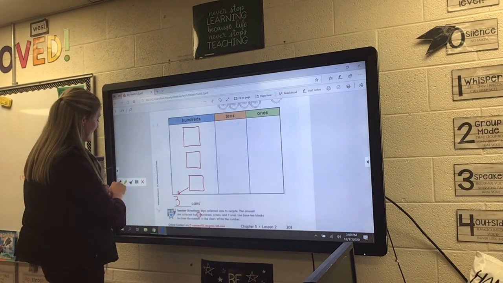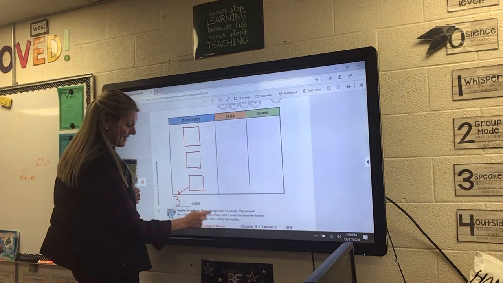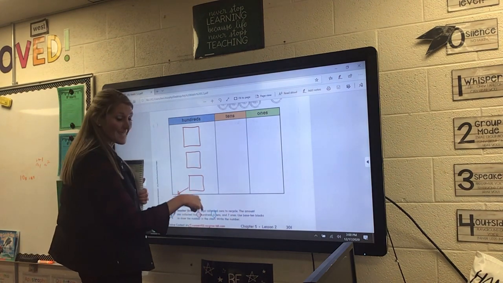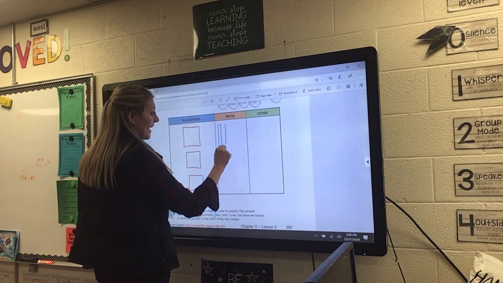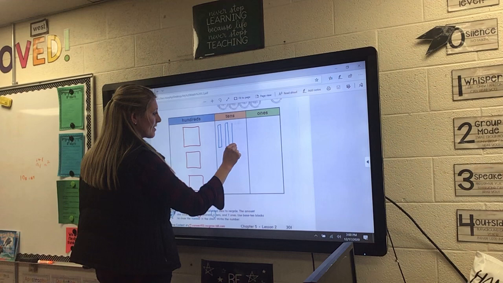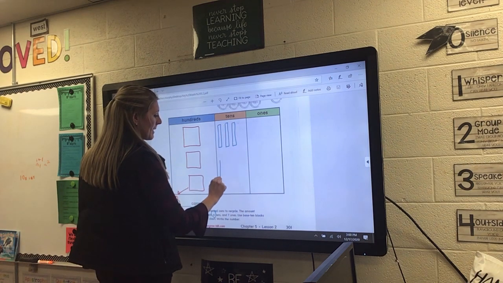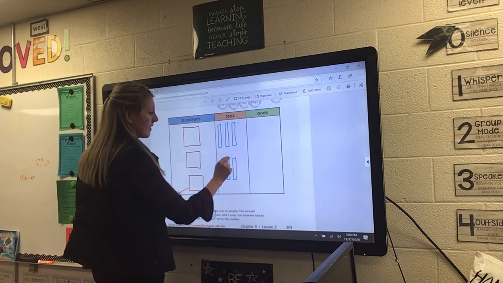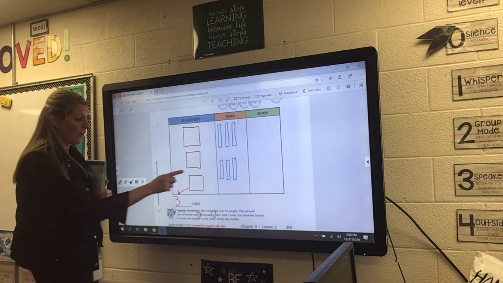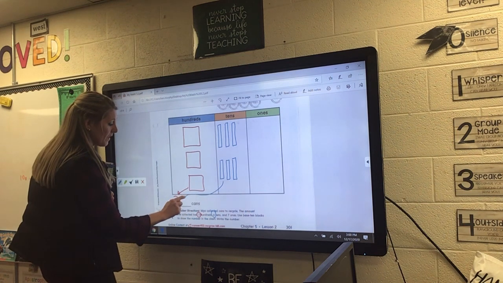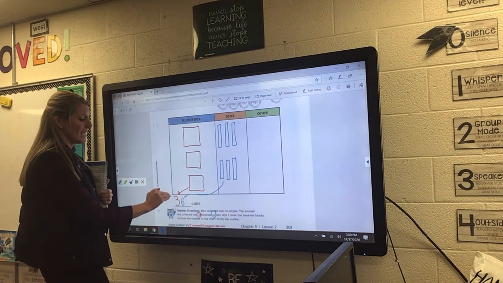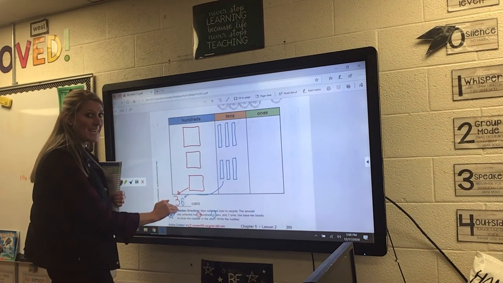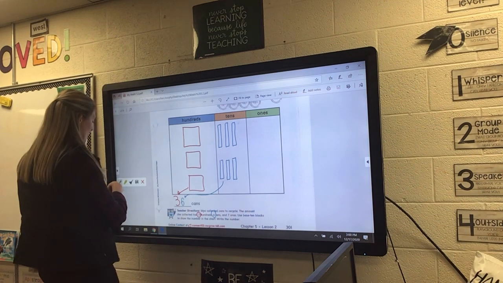Then it says I have 6 tens. My tens are the sticks, so I'm going to draw 6 sticks. And again, we do not need to draw and show that there's 10 little cubes on this stick. Okay, so now the next number I'm going to put after the 3 is the 6. So 360, and then I have 7 ones.